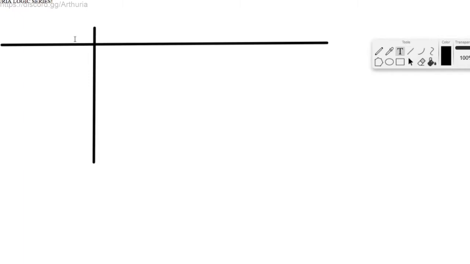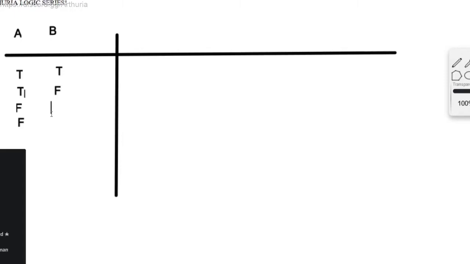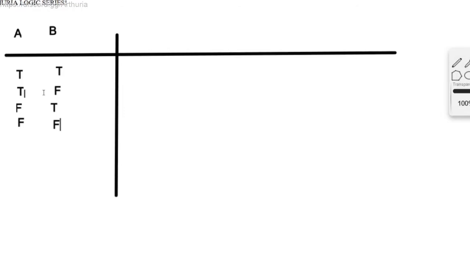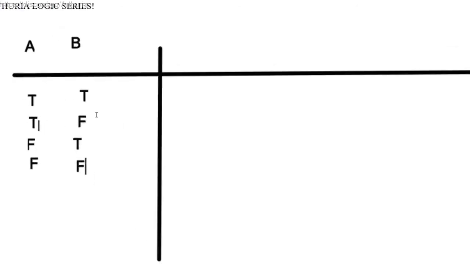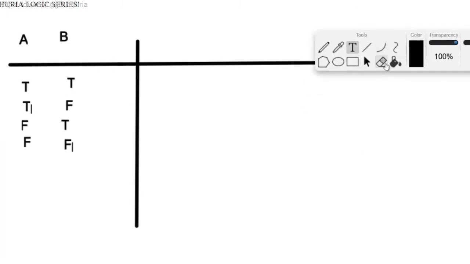I had my letters up here, let's say A and B, and I was able to write all of the different possible combinations for A and B: true, true; true, false; false, true; false, false. Does anybody disagree? These are all the different possible combinations for A and B.